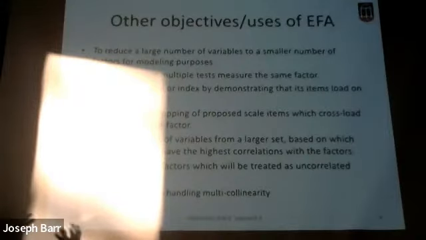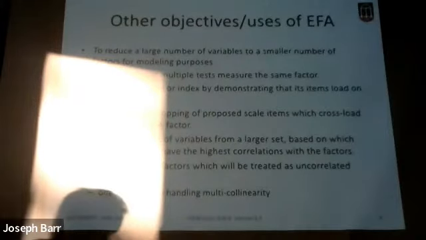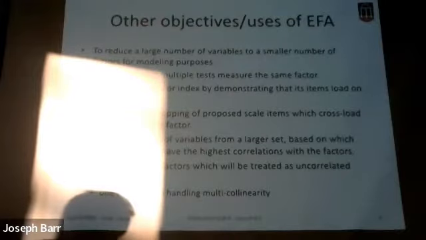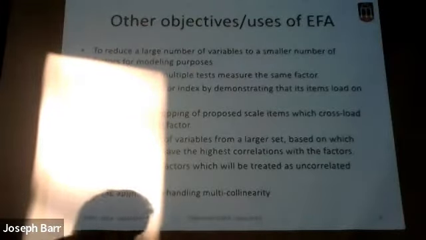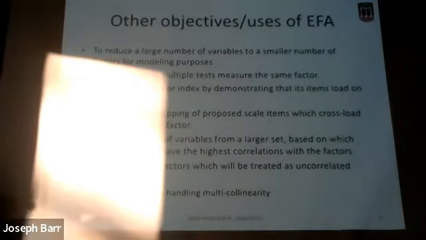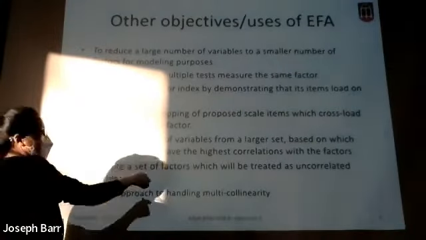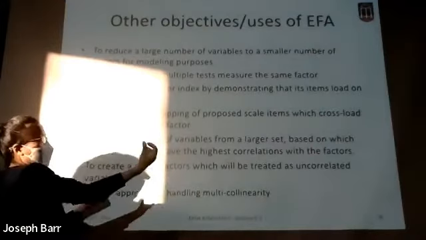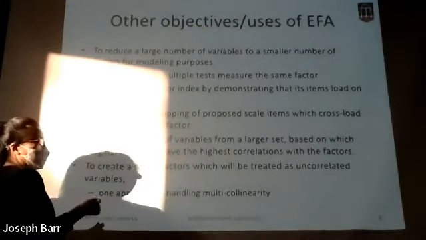Of course, we're gonna take some really important variables or items from a large questionnaire, from a large item pool. And we can create a set of factors which will be treated as uncorrelated variables. So this is important. Sometimes we're gonna assume the factors are independent, uncorrelated.